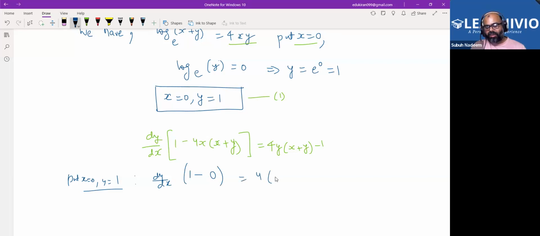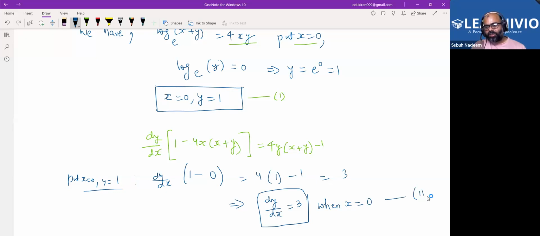And this will become like this. So this will be 3. So dy by dx is equal to 3. So when x is equal to 0, dy by dx is 3. This is what we are getting here. So write this one also.